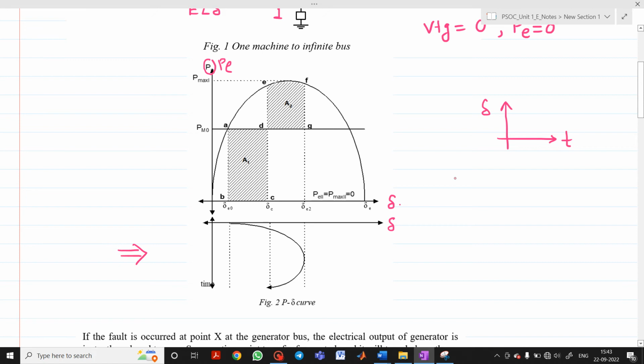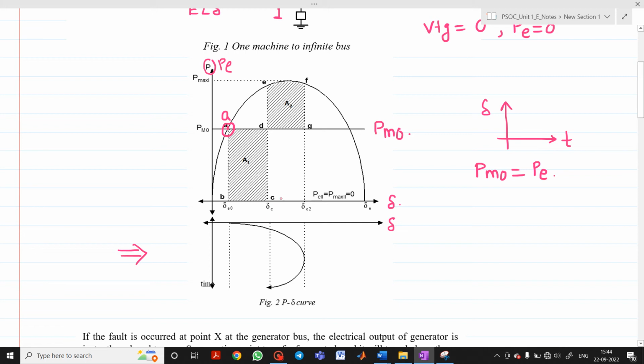Let us say PM or PM0 is nothing but your initial mechanical input. Now this is point A. What is to be observed at point A? Your PM0 intersects this curve, so PM0 will be equal to PE.